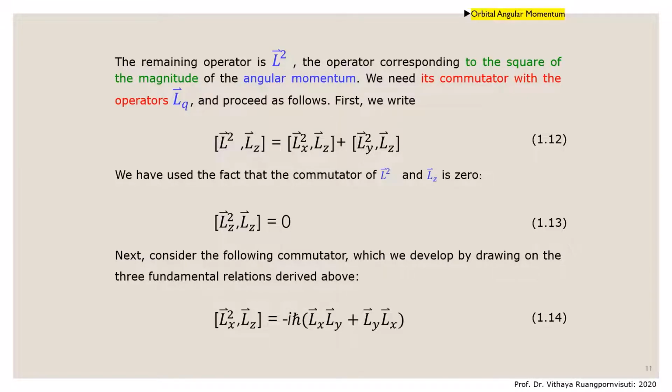First, we write the commutator between L squared and Lz as shown in equation 1.12. We have used the fact that the commutator of Lz squared and Lz is 0. Therefore, it is equal to 0 as shown in equation 1.13.